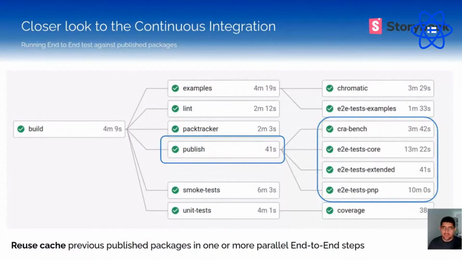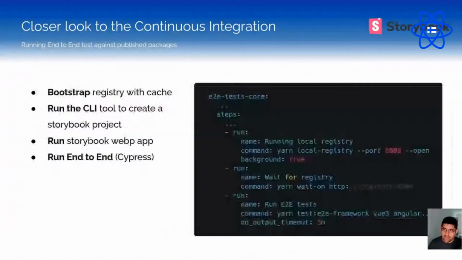Then they have several end-to-end test parallel jobs, and in all of them they run Verdaccio in parallel on different ports. Let's focus on one of them, which is the test score. It takes 30 seconds. The first thing they do here is bootstrap the registry with the cache, so they have all the packages already published and can reuse them.